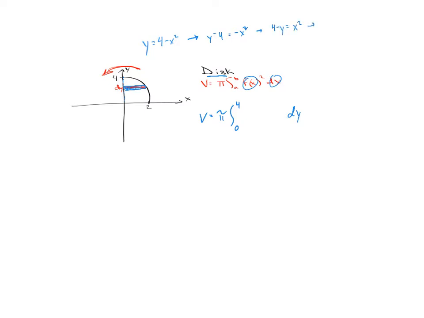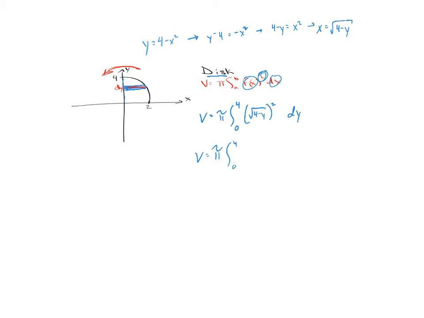And take the square root, and we get x equals root 4 minus y. Whoa. Okay, so that's not terrible. Radical 4 minus y, squared, right? Because it's the function squared. Okay, that's doable. When I simplify that, V equals pi integral 0 to 4.